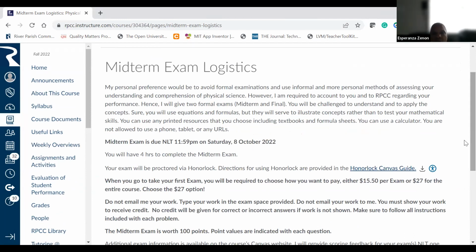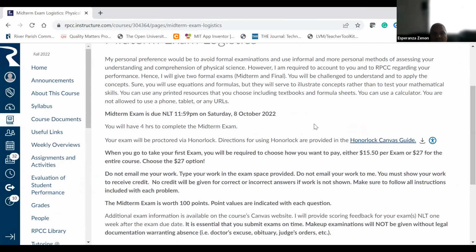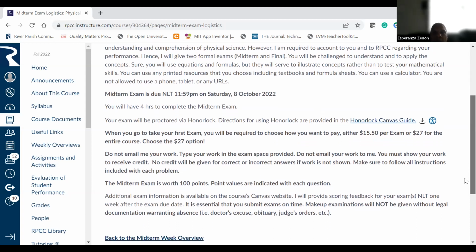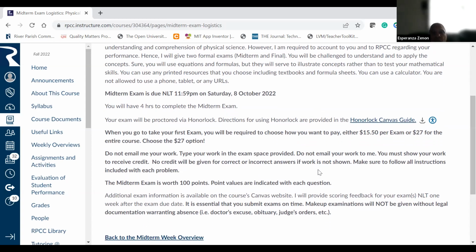You'll have 4 hours to take the exam because you're taking it within Honorlock, and the fee is explained to you. Please don't email me any of your work. Make sure that all of your work for the exam is typed in the exam space. You must show your work to get credit. Do not email me your answers. If you don't show work, you will not get credit.